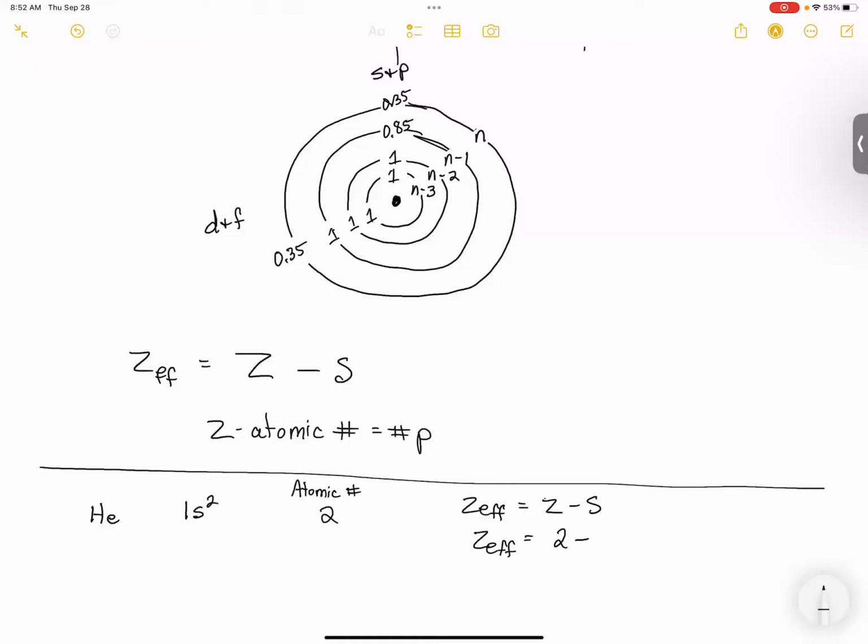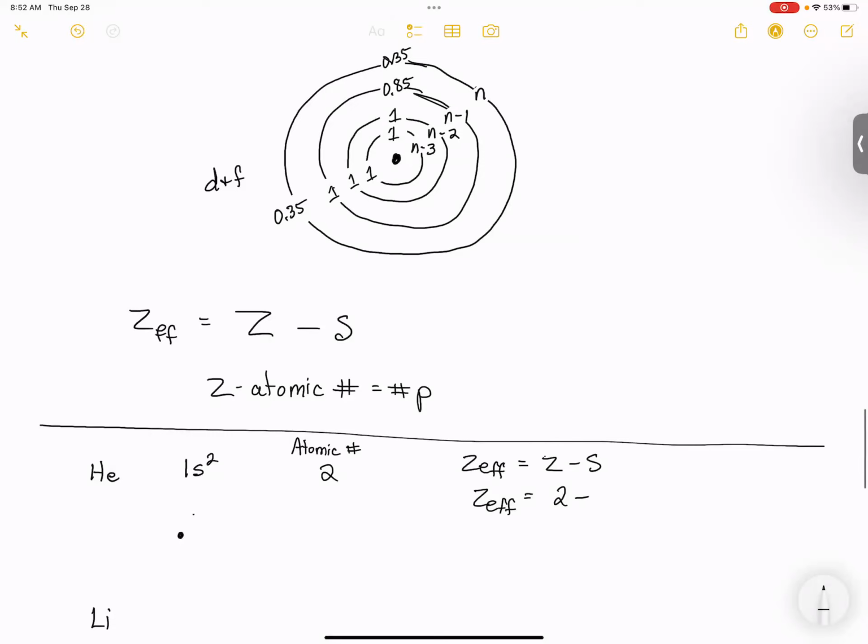Now we need to figure out the shielding. Basically, if we think about helium here, what we're dealing with is we have electron 1 and we have electron 2. What I want to know is electron 2.